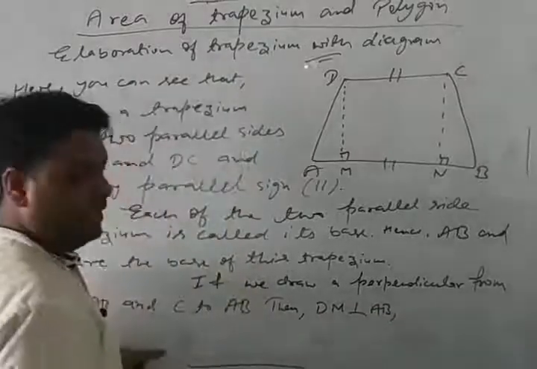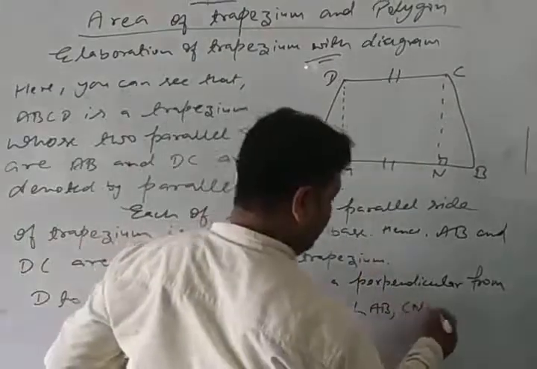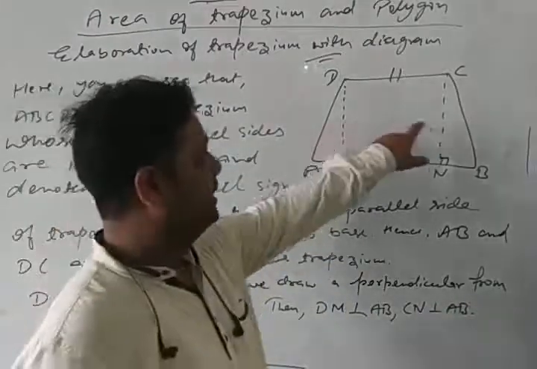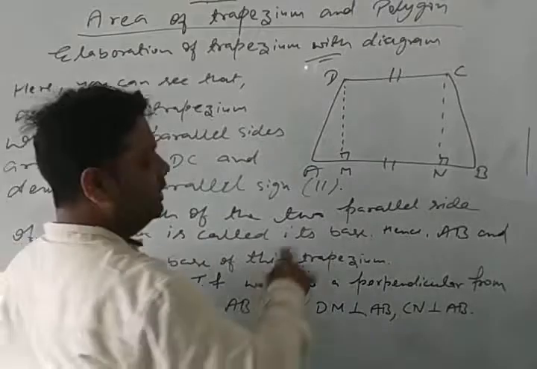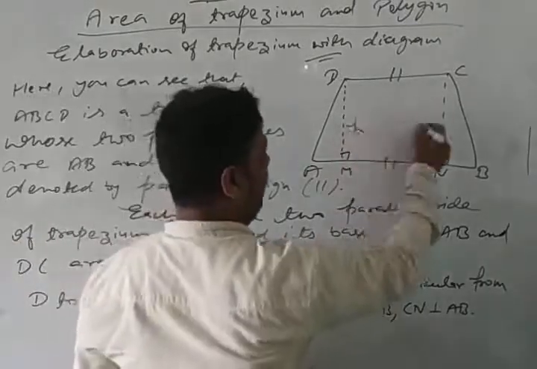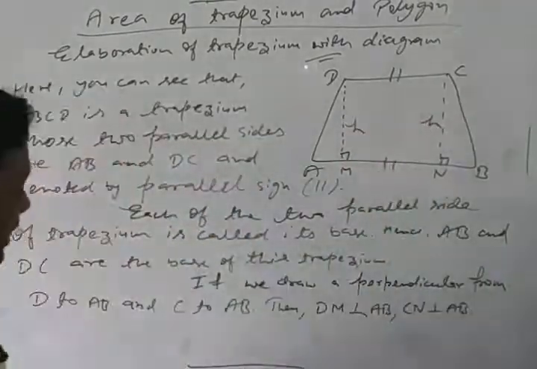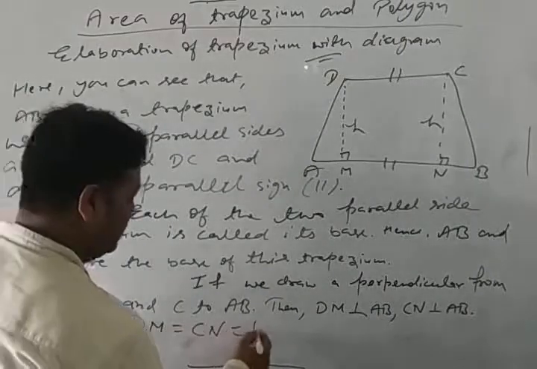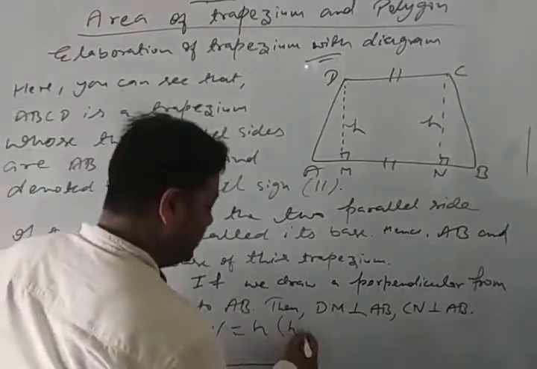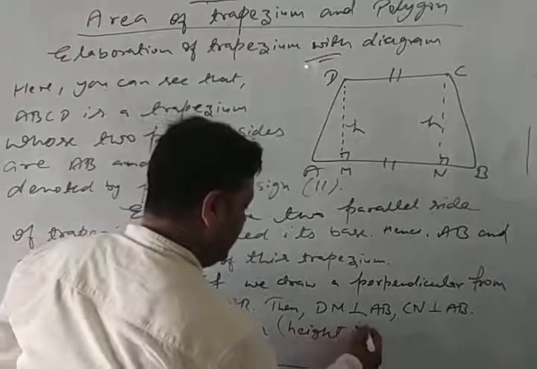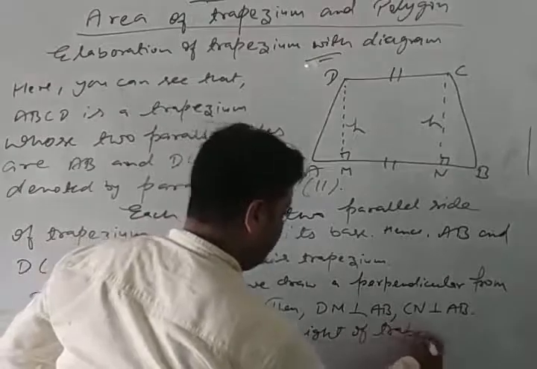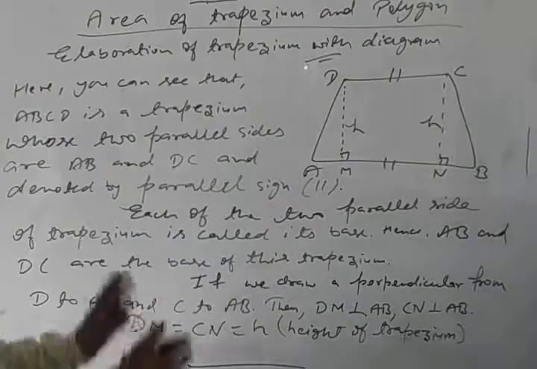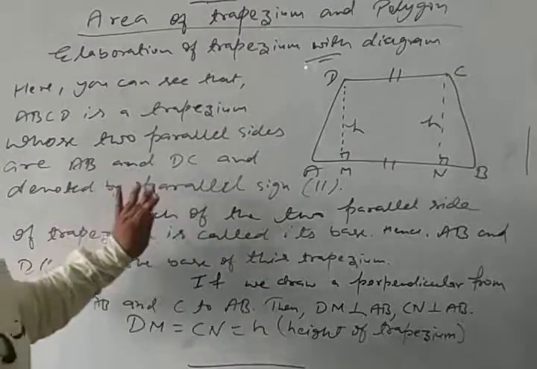DM perpendicular to AB, and we can also say that CN perpendicular to AB. And we know that both distances will be the same, and if you mention DM and CN as h, it is the height. So we can say that DM equals CN equals h, and h is the height of the trapezium. Okay. So this is the figure which we have just elaborated.